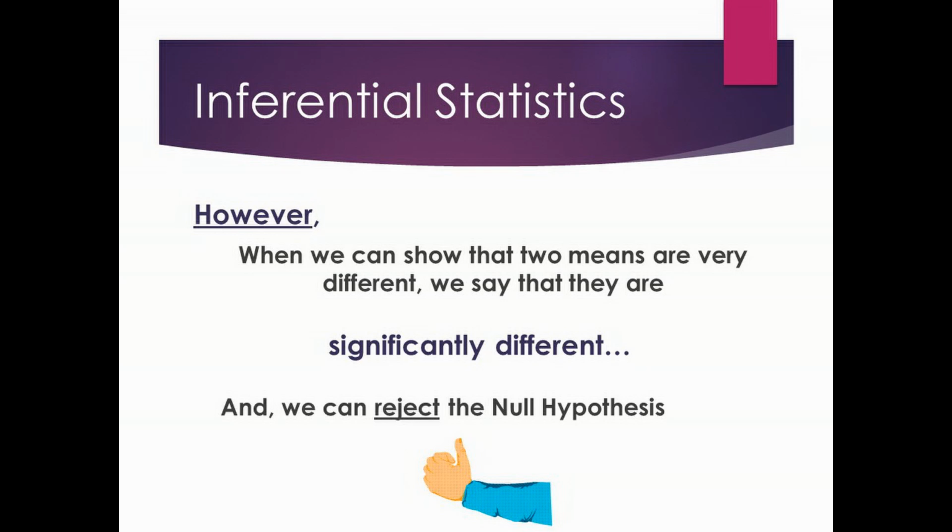There are analysis of variance, sign tests, and so on, that literally allow you to determine if the results for the two groups are different enough. When the results of these statistical calculations show that the means for the two groups are significantly different, then we can reject the null hypothesis. And that is wonderful.